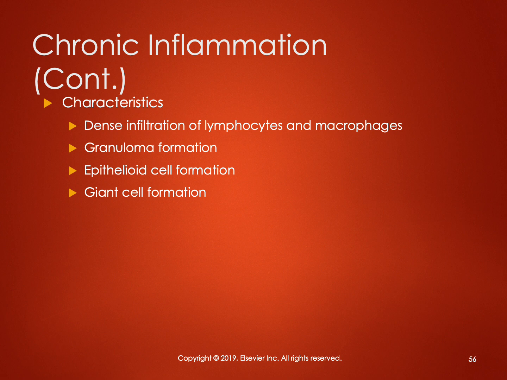Sometimes those granulomas become large, and the macrophages are unable to phagocytize that bacteria. When that happens, epithelioid cells begin to form. And then macrophages begin to fuse together so they are multinucleated, and we call those giant cells.